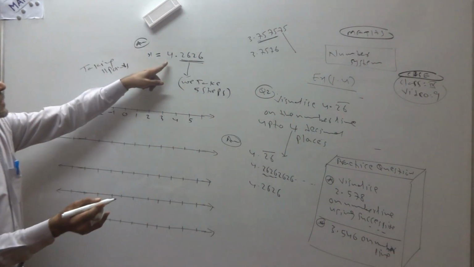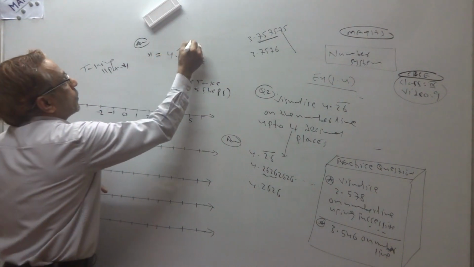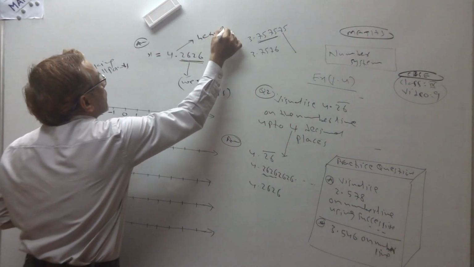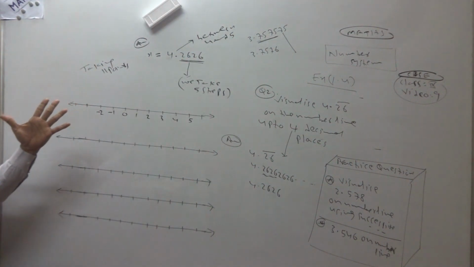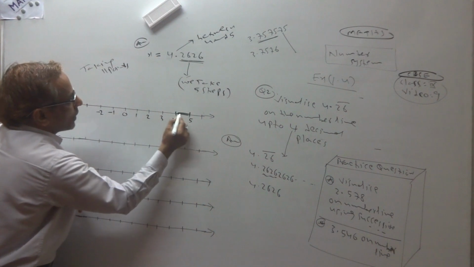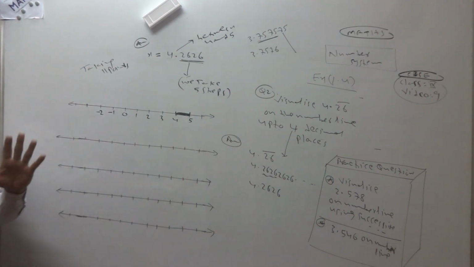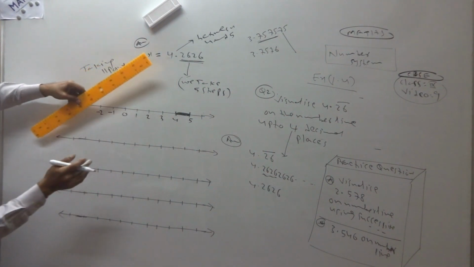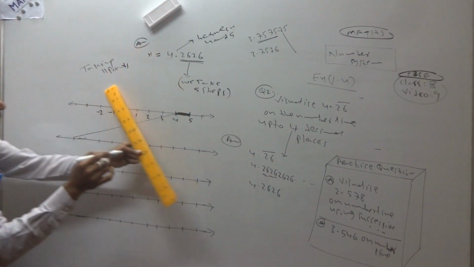Okay. Where does 4.2 lie? 4.2 lies between what? Between 4 and 5. So you highlight this between 4 and 5. Understood? Now you take 4 here, 5 here.